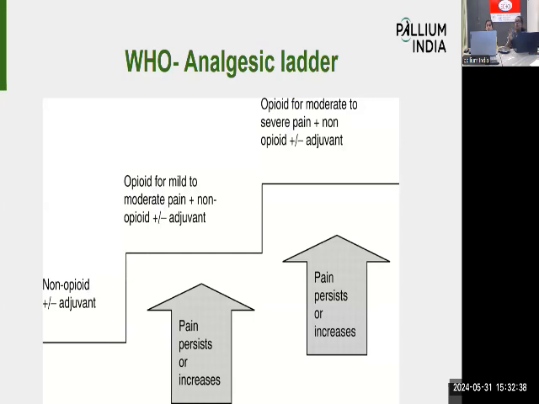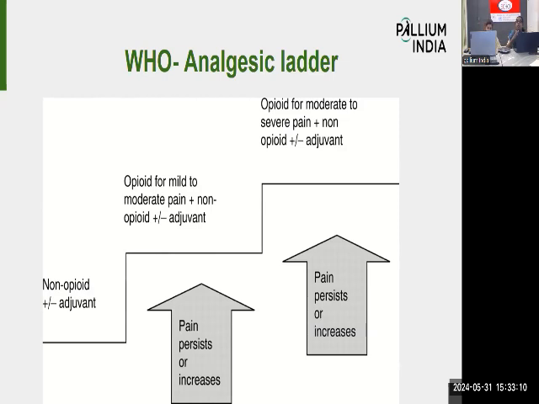The first step is paracetamol, NSAID, or adjuvant. Here you have to understand that if the patient has both nociceptive pain and neuropathic pain, then you can add some neuropathic management medication also. If the first step is not giving adequate pain relief, then you can think about the second step.